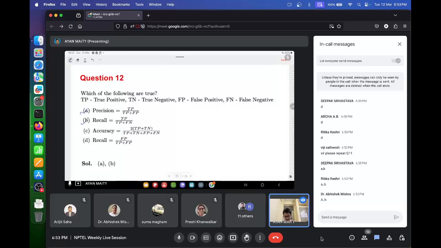Precision and recall are very clear. For accuracy, this is not the correct formula. So that's why option C is not correct. Now obviously the definition of recall is also wrong in option D. So A and B are the two correct answers here.